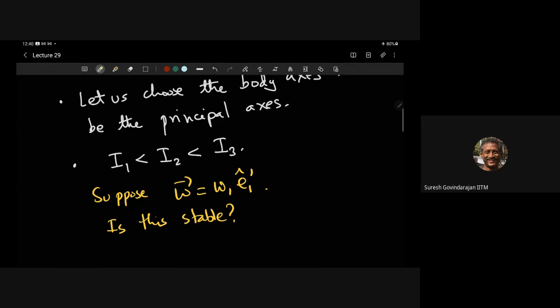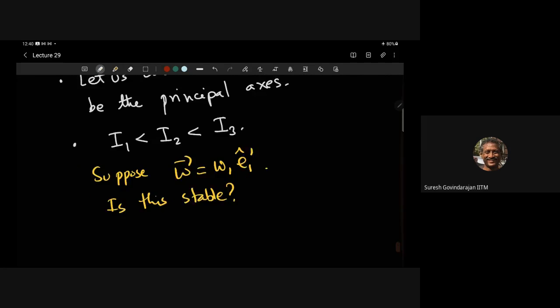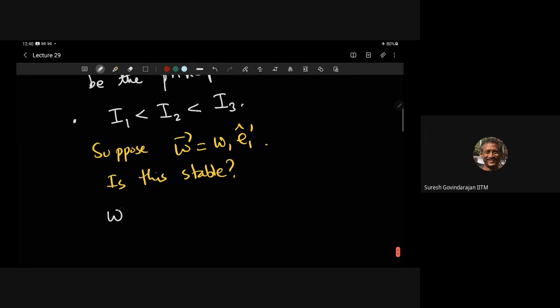If you remember, stability is about changing some initial condition and asking what happens. So we will look for a different omega, omega 1 E1 prime, but now we will add to it lambda E2 prime plus mu E3 prime, and ask what is the effect.